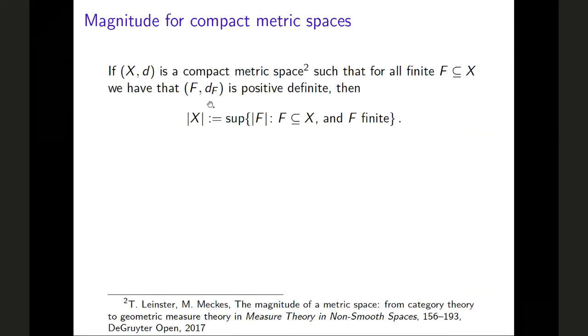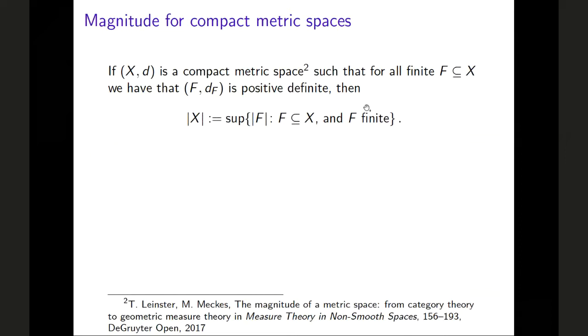Then one can define the magnitude of the compact metric space to be the supremum of the values of the magnitudes for the finite spaces. And of course, for this definition to make sense, one needs to have some continuity result with respect to this value of the supremum.